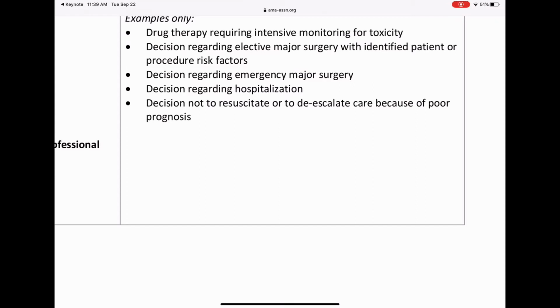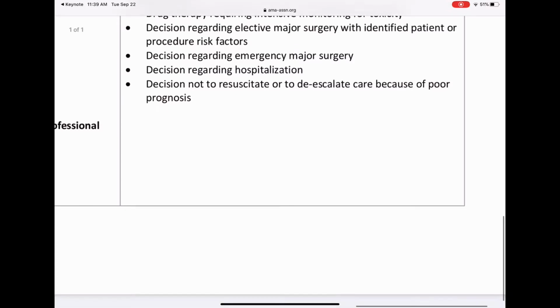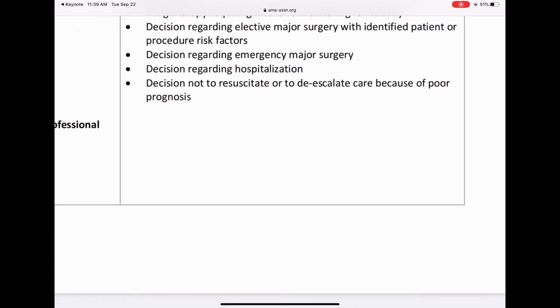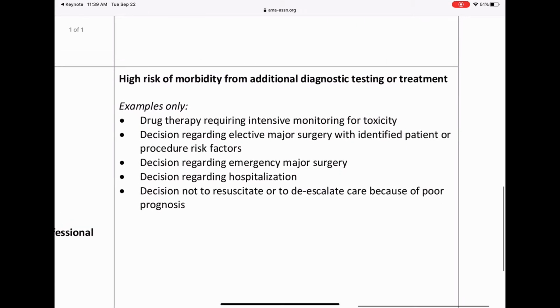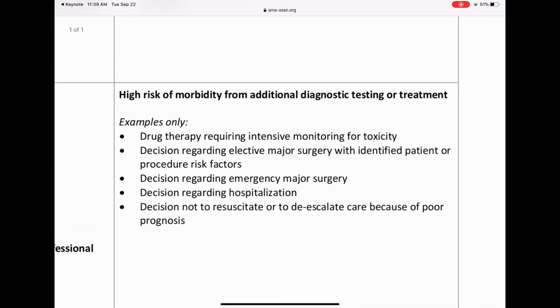It was kind of inferred, but now they've added it as an example, which is good. And then decision to not resuscitate or to de-escalate care because of poor prognosis. I guess we would see this one in the outpatient setting, but we see it a lot in the inpatient setting. That was on the risk table for the 95 and 97 guidelines, so it's still okay.